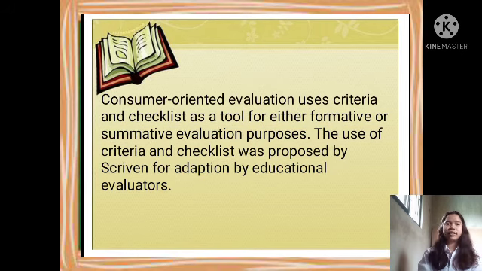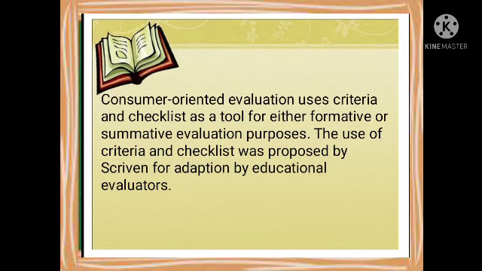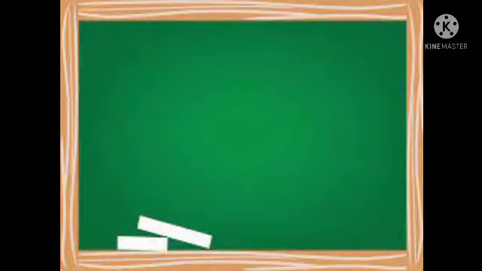So consumer-oriented evaluation uses criteria and checklists as tools for either formative or summative evaluation purposes. The use of criteria and checklists was proposed by Scriven for adaptation by educational evaluators.